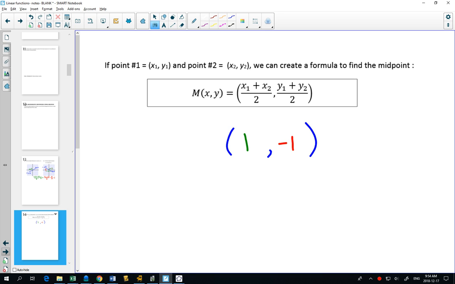We found the midpoint, and the midpoint is a point. So in the formula, there's a comma because it's a point. There's brackets because your answer is going to be a point. Yes? Is that okay? Yeah.